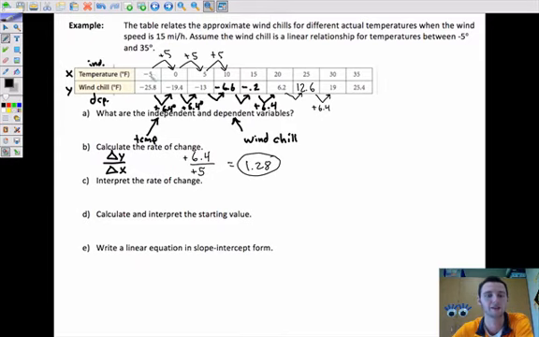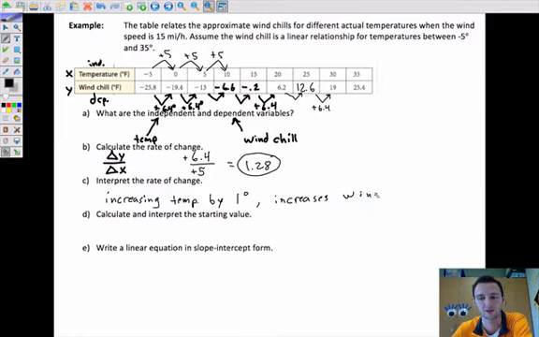So that 1.28 means that every time you increase the temperature by 1 degree, it increases the wind chill by 1.28 degrees.